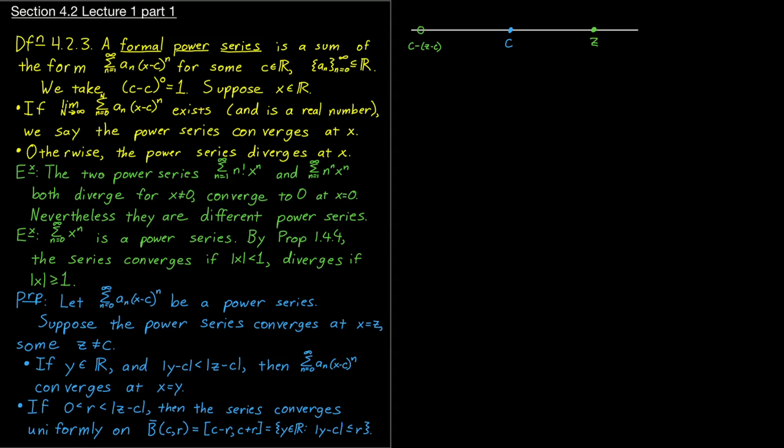So the distances on the two sides are the same. And then everywhere between c and z, and also between c and c minus (z minus c), we converge. And moreover, on this region, which is length R on both sides, we converge uniformly.